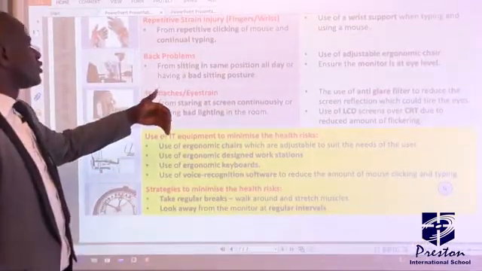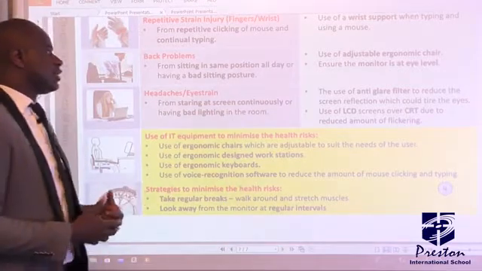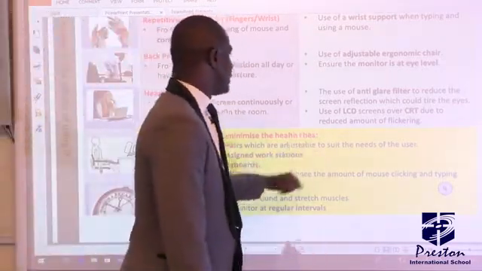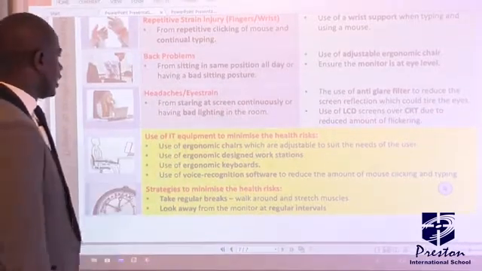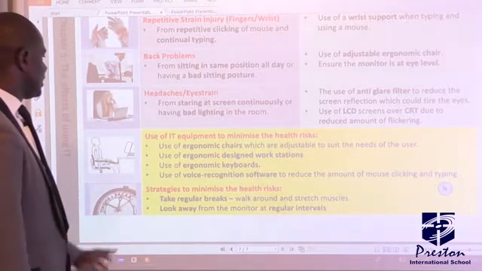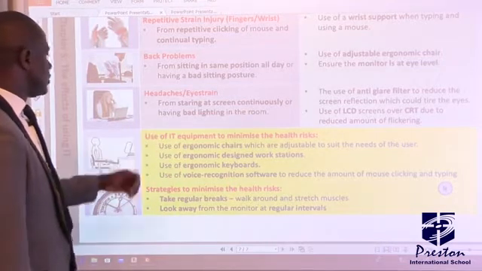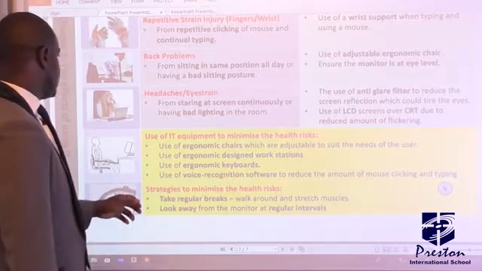For headaches and eye strain, you can use an anti-glare filter to reduce the screen reflection, and also you can use LCD screens. They're better than CRT because they have less flickering. Okay, so these are some of the ICT equipment that you can use to minimize your health risk. Ergonomic chairs, I spoke about it.